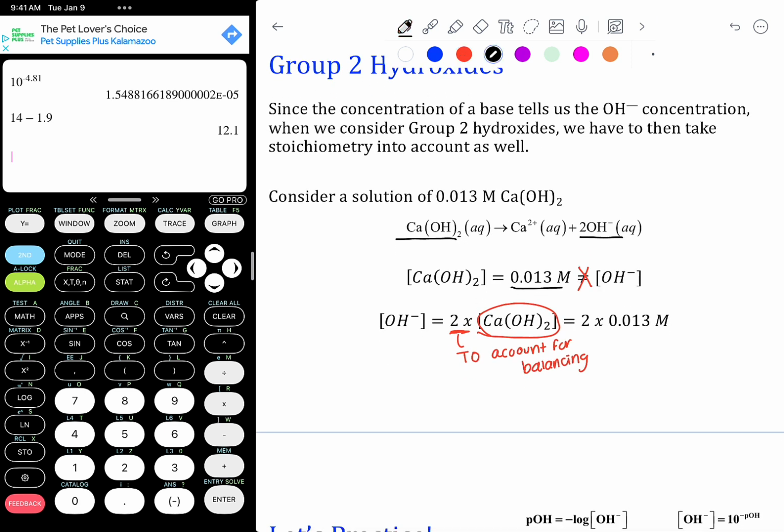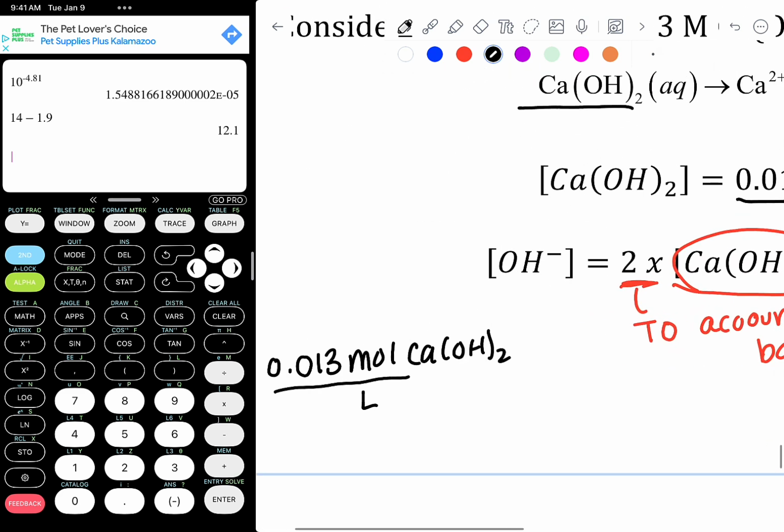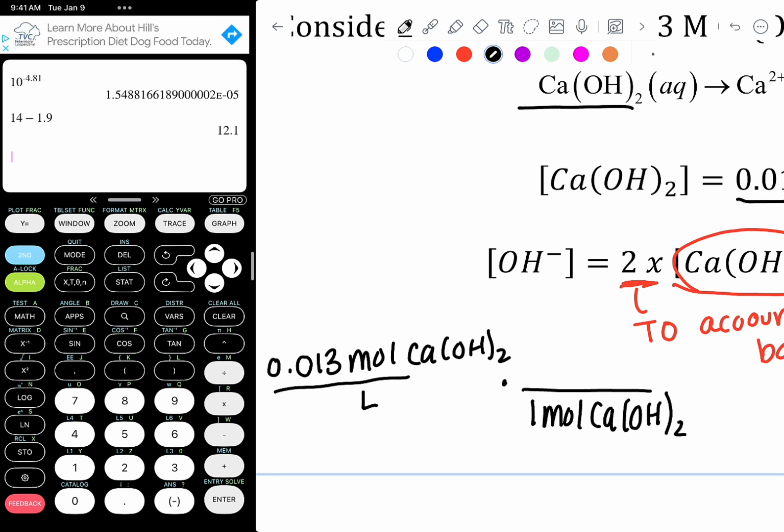Now, if you're someone who thinks in mole-to-mole ratios or just needs math to prove these types of concepts, let's say we have 0.013 molar calcium hydroxide. Instead of molar, capital M, I'm going to write that as moles over liter of calcium hydroxide. Using our balanced chemical equation, I know that 1 mole of calcium hydroxide is equal to 2 moles of OH minus.